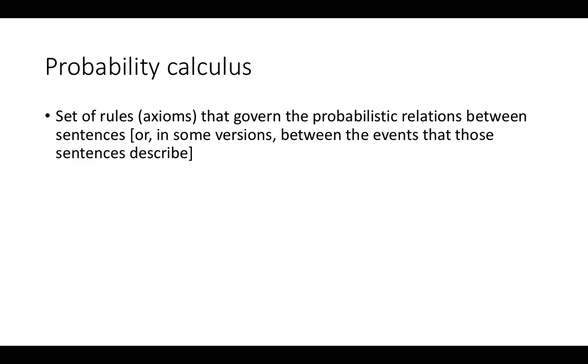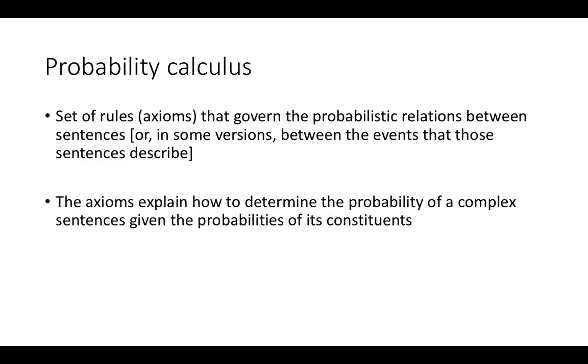This is important because there's an important parallel between the probability calculus and propositional logic. As we've seen in great detail, propositional logic tells us how to determine the truth value of a compound sentence from the truth values of the atomic sentences from which it's made up, together with the meanings of the truth functional connectives. The probability calculus does something very similar.